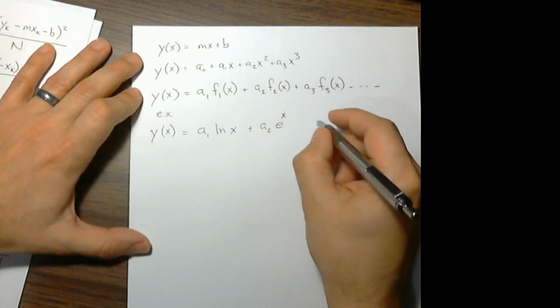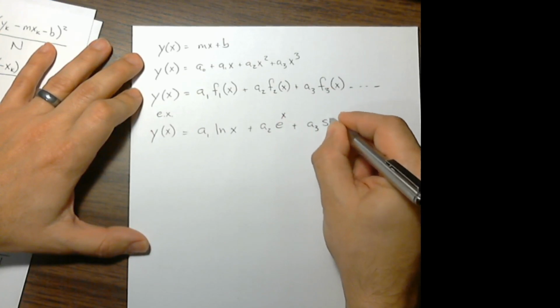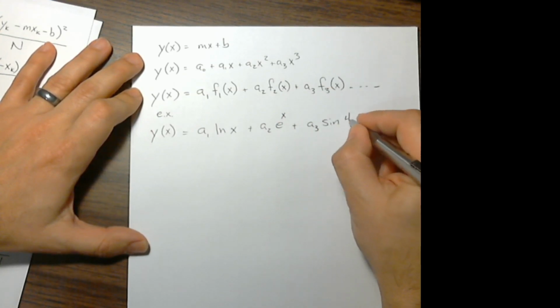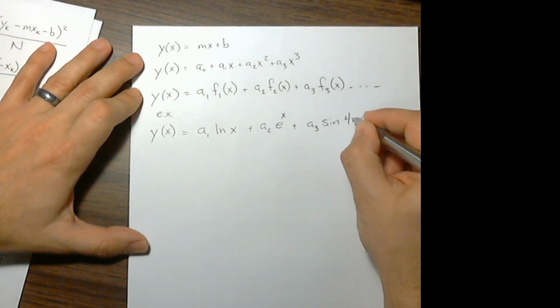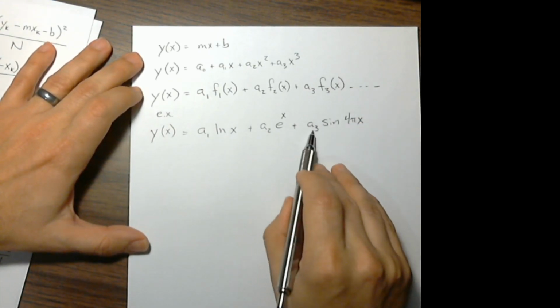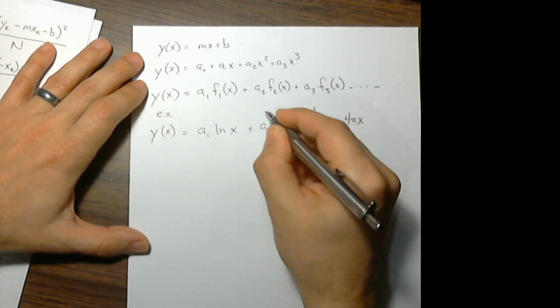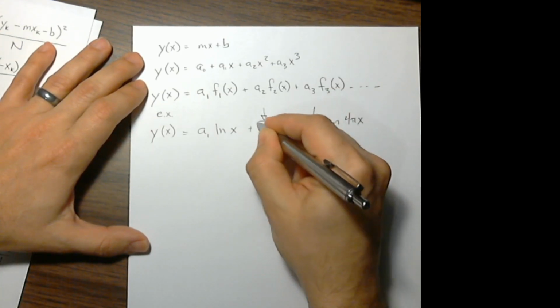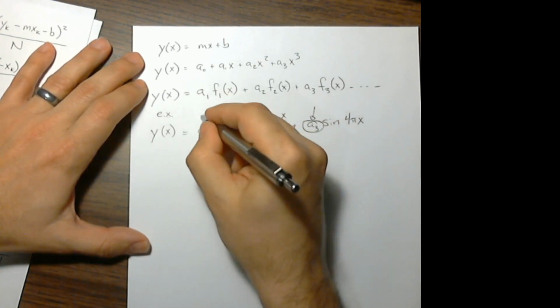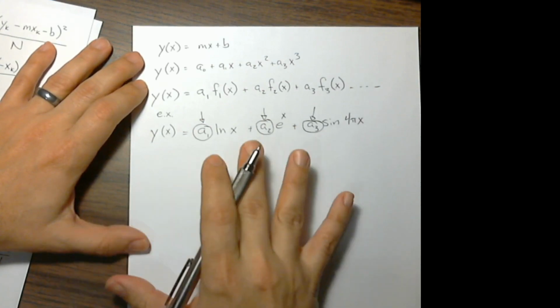That's fine. We could have a3 times the sine of 4 pi x. That's fine, no problem. So as long as the things we want to calculate are just coefficients, we're okay. The analysis we've used will work.